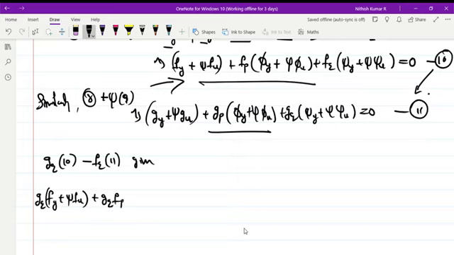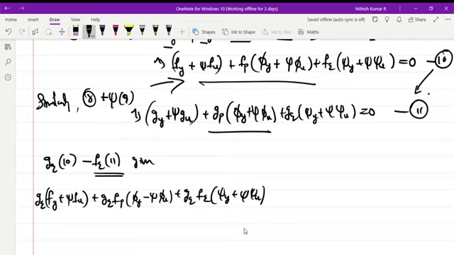Now from equations 10 and 11, g_q into equation 10 minus f_q into equation 11. So just multiply equation 10 by g_q and equation 11 by f_q and subtract.